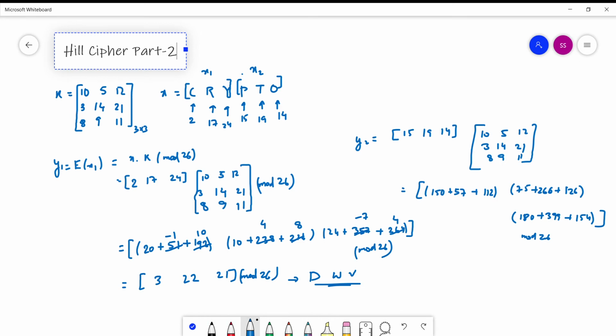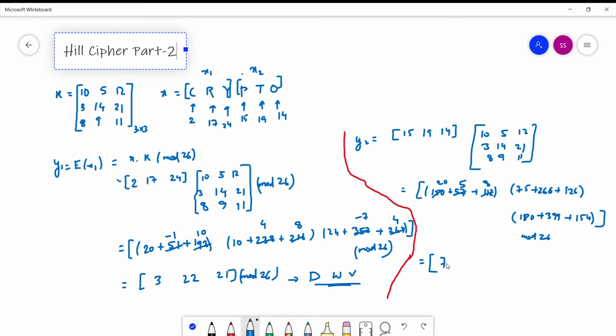Let me divide this so that there won't be any confusion. If you solve this, 150 is 20, 57 is 5 and 112 is 8. So 28 means 2, plus 5 is 7.